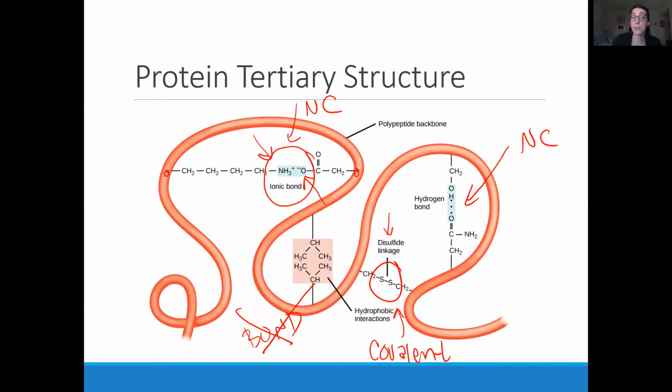This is favorable because then there is less interaction of water, which is polar, with a bunch of nonpolar groups that do not interact with water. So hydrophobic clustering, hydrophobic interactions, will occur between nonpolar groups on different parts of the chain.